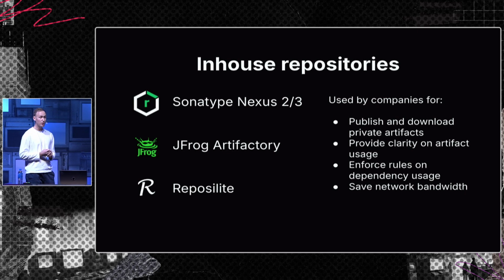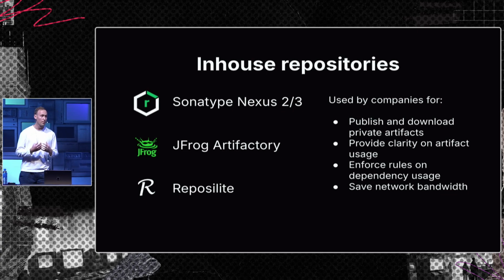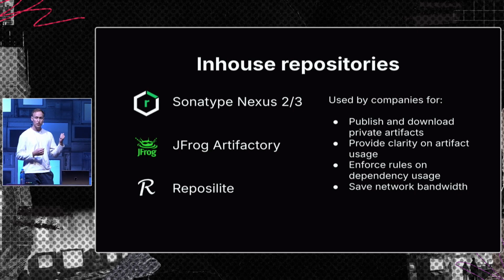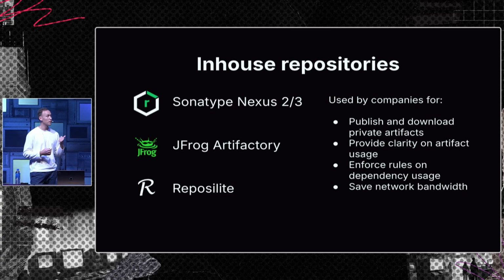And as a central place to download all the libraries, these products also work as proxies to external repositories. So within the company, the typical setup is to point all the developers' machines to one of these products, and all the artifacts will be downloaded from one of these products instead of from Maven Central.